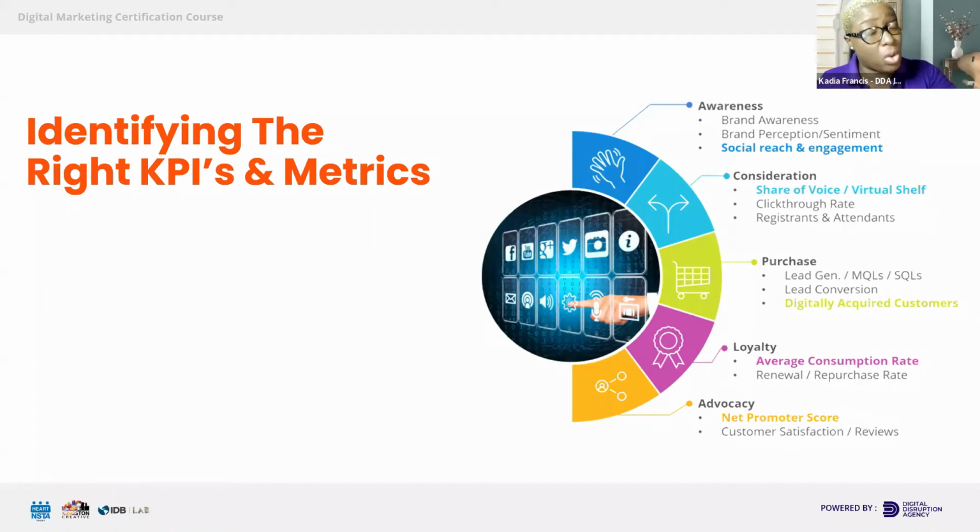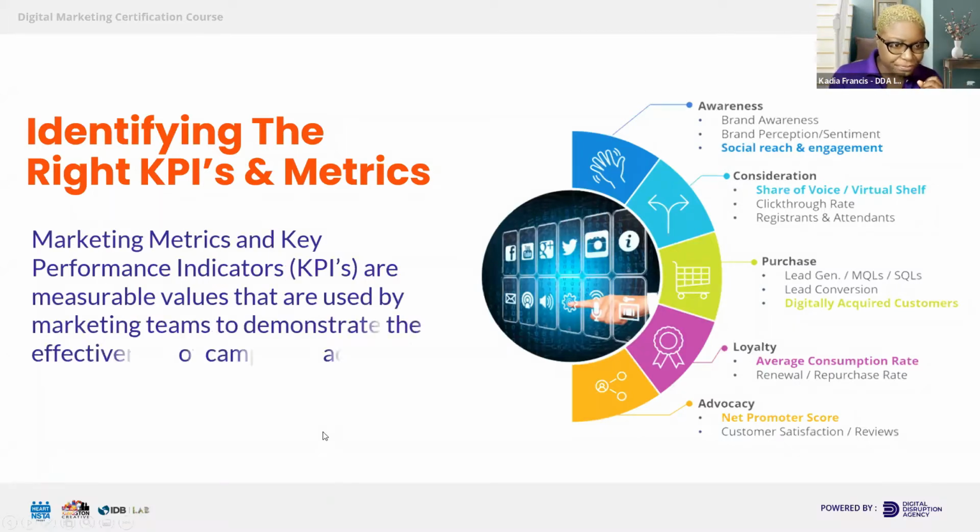So the business goal in and of itself has to be realistic, and then the digital objectives, the things that you're going to be doing online, also have to be realistic. But the other big thing is measurable, and this is important for several reasons.